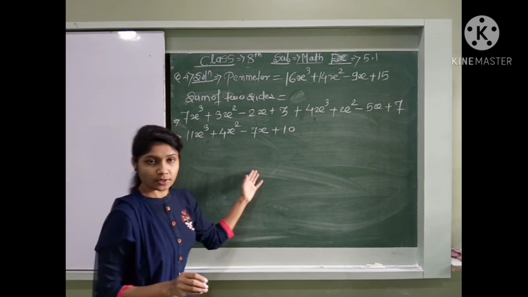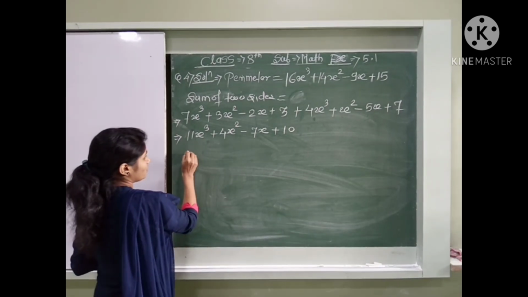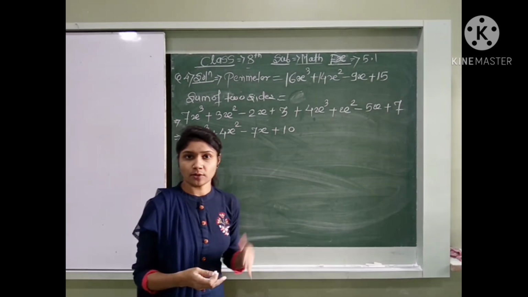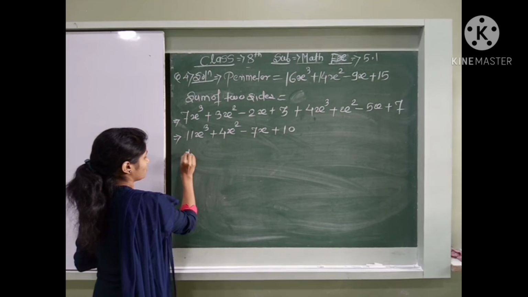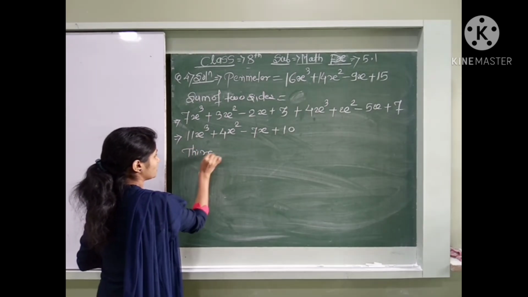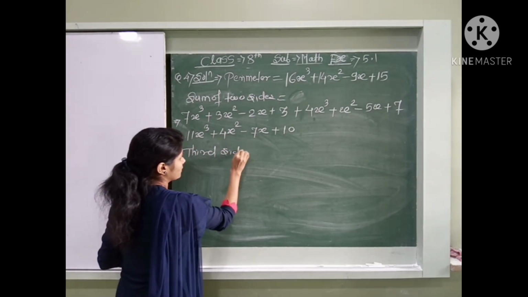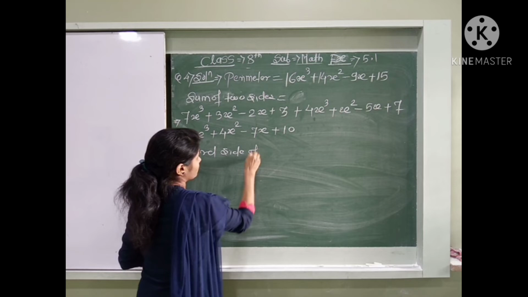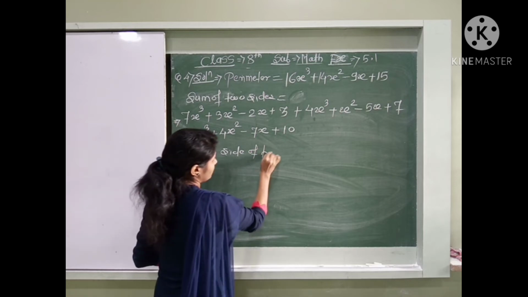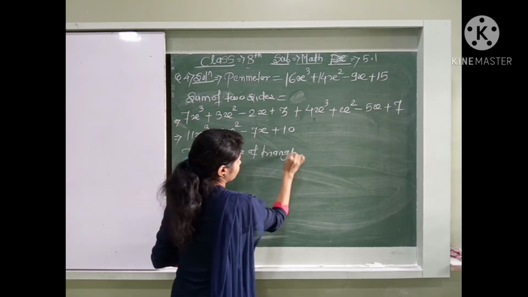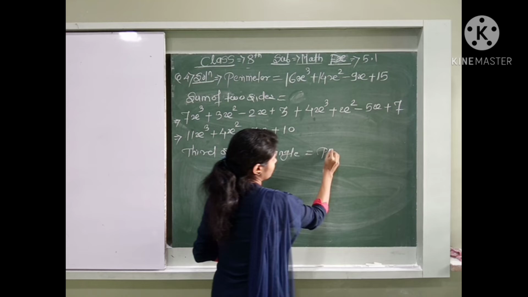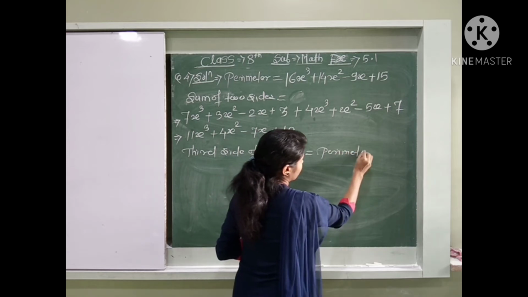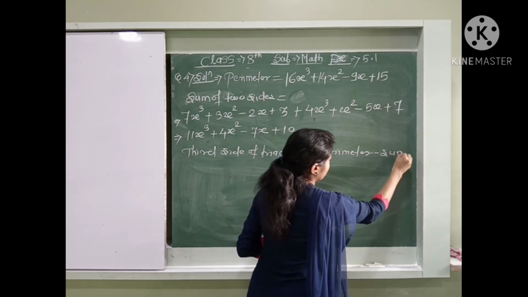This is the sum. Now what do you have to do? This sum is subtracted from the perimeter, and you get the third side. Third side of the triangle is equal to perimeter minus sum of two sides.